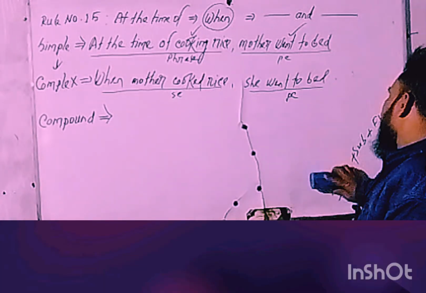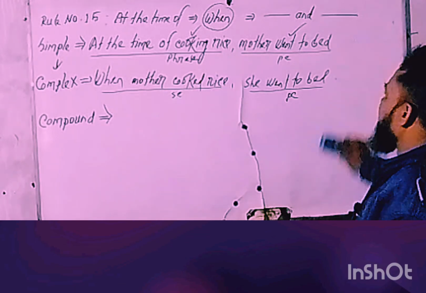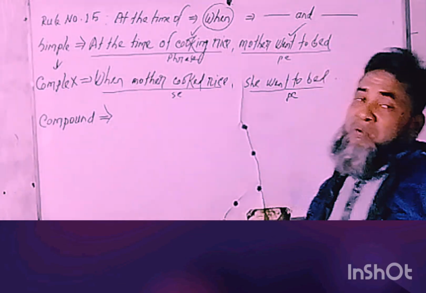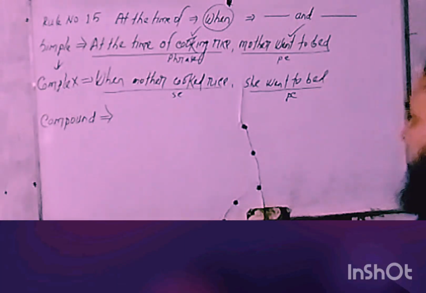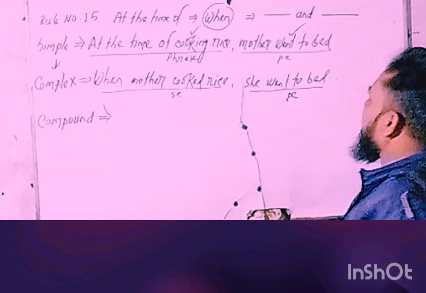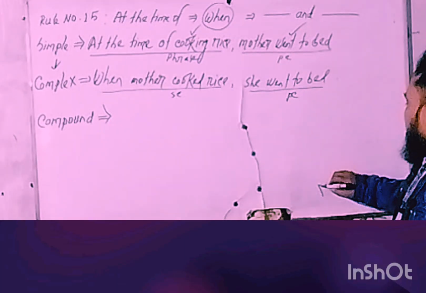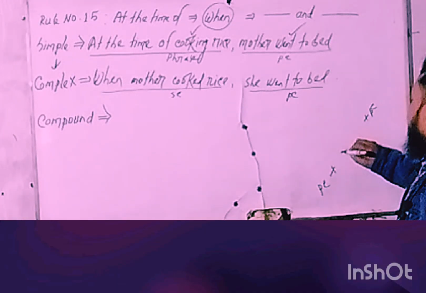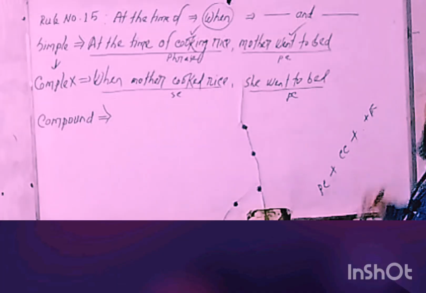My dear learners, suppose now you're told to change the simple sentence into a compound sentence. What steps should you take? Of course, you know that there are two principal clauses joined together by a coordinating conjunction in a compound sentence.